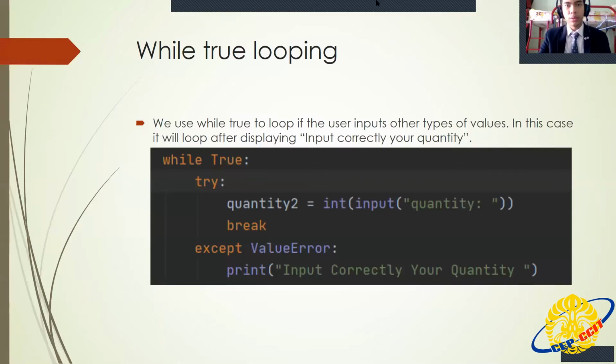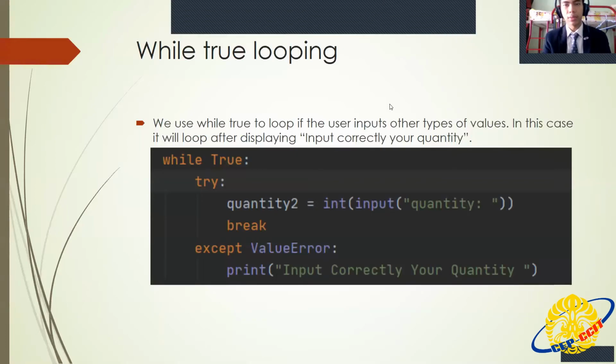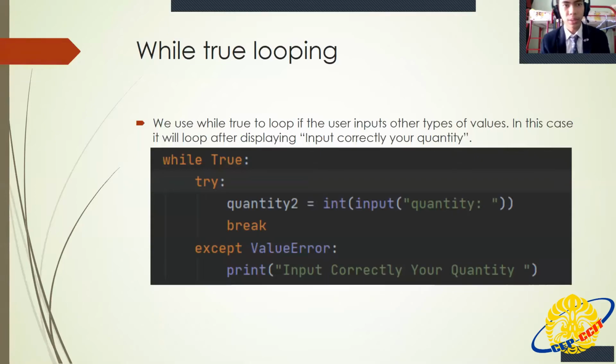Now I'm going to explain the while true looping that we use in our program. We use a while true loop to loop if the user inputs other types of values. In this case, it will loop after displaying the input choice or quantity. For example, here it says integer, but if the user inputs a string or a character, it will display an error message. To handle this error, we use try and except.